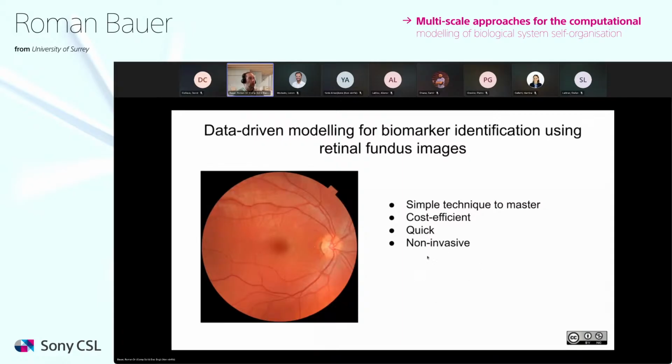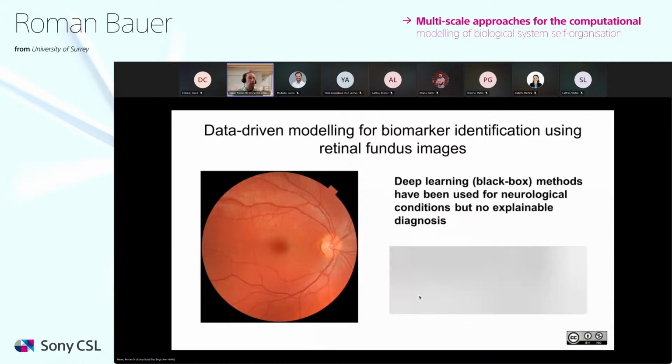Here you can do this all externally, and due to those advantages, it also has high patient compliance. A large number of patients can do this, usually with no major issues, and because it's so quick, non-invasive, and has high patient compliance, it can be done over time. You can assess many times, every week or every month, and look at changes.